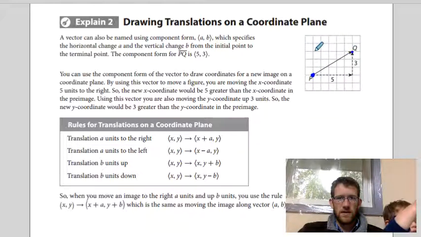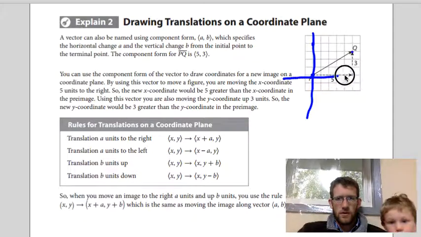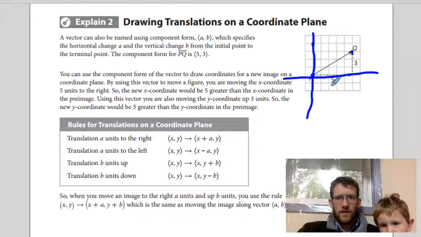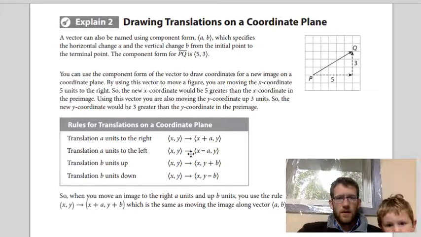So if this is at 0, 0, here's my graph, then this endpoint of the vector is at 5, 3. That only works if it's starting at the origin. If it's not starting at the origin, it may be different values, but the vector itself will be 5 over and 3 up, no matter where you are.